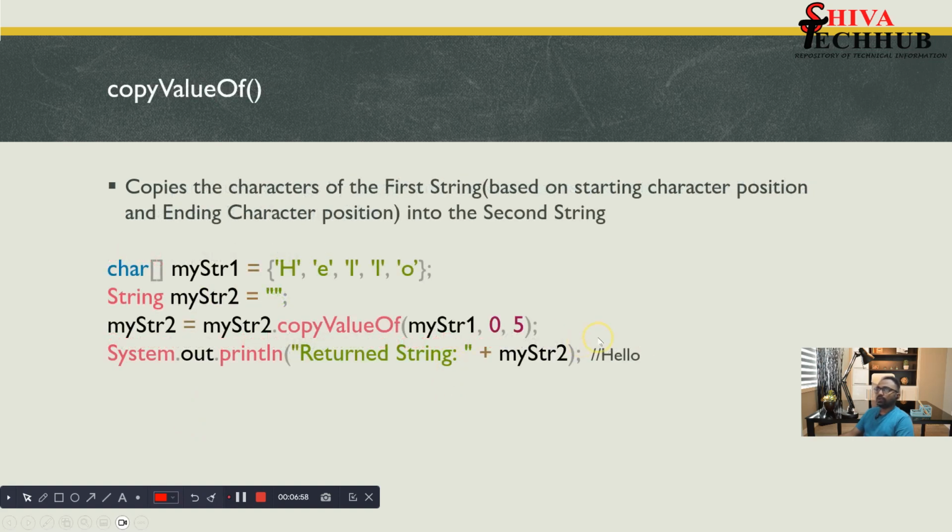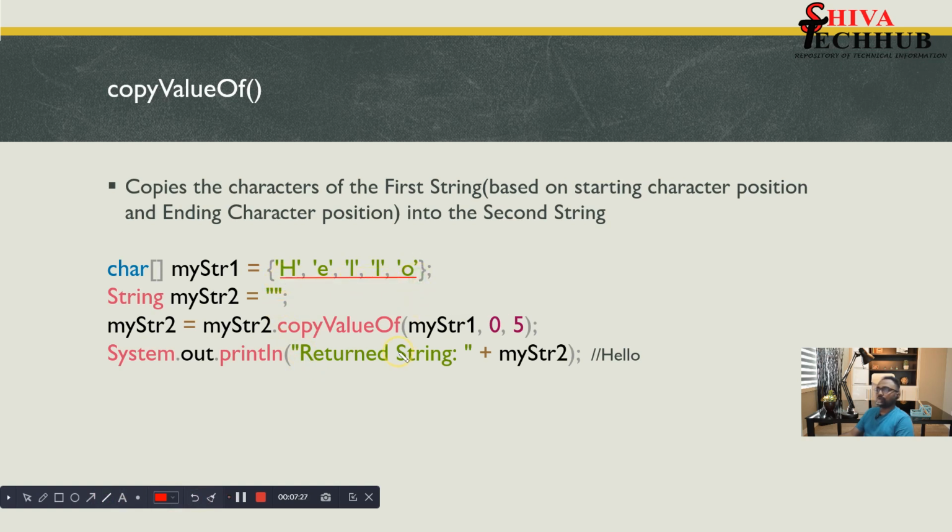So let us look into copyValueOf. What it does is, based on the starting index and the ending index specified for one string, it copies the characters that are present in that particular string into another string. So for example, in this case, we have a character array with 5 characters, so 0 to 4.